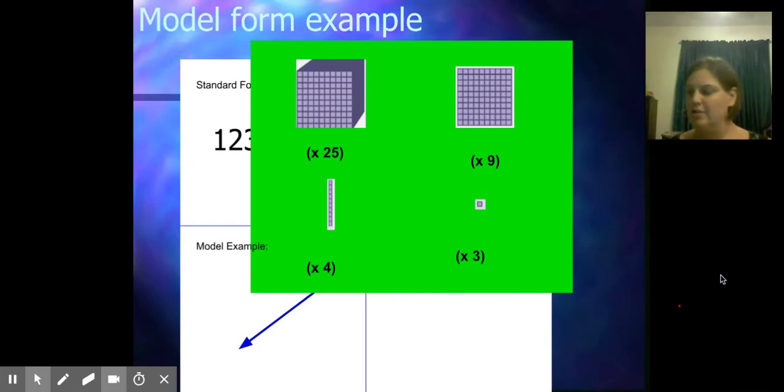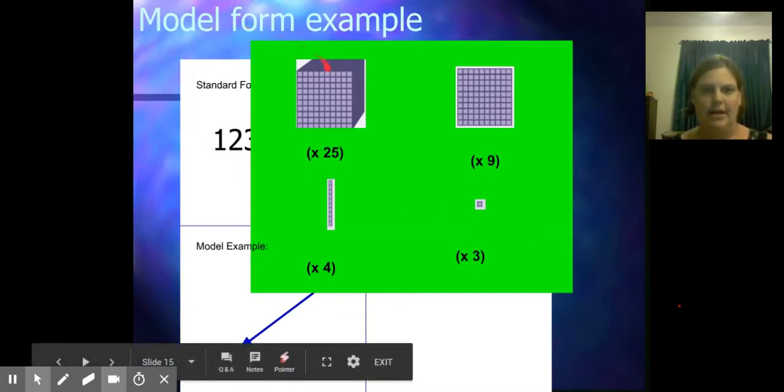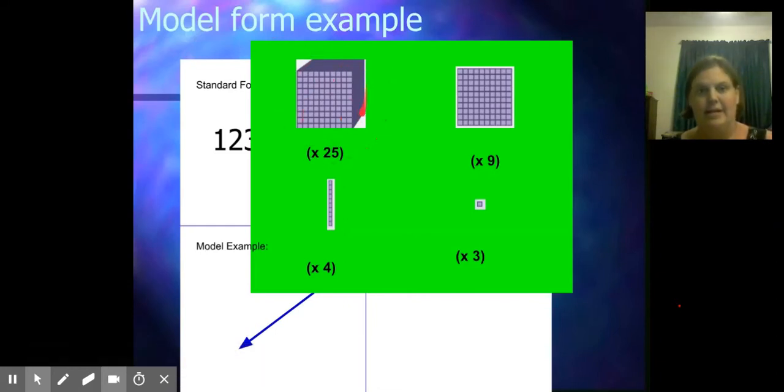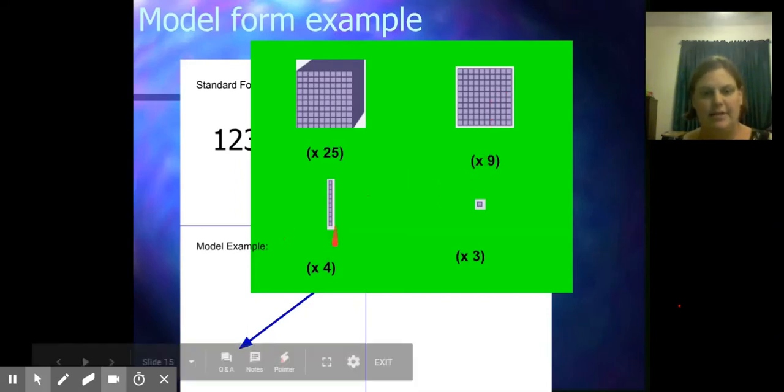So I'm going to need not 25 of these blocks. So in your example, draw one block and write multiply by 25 so that you know that. Then you need this 100 piece and multiply it by 9. A 10 piece and multiply it by 4. And a 1 piece and multiply it by 3. So that you know you have 25,943.